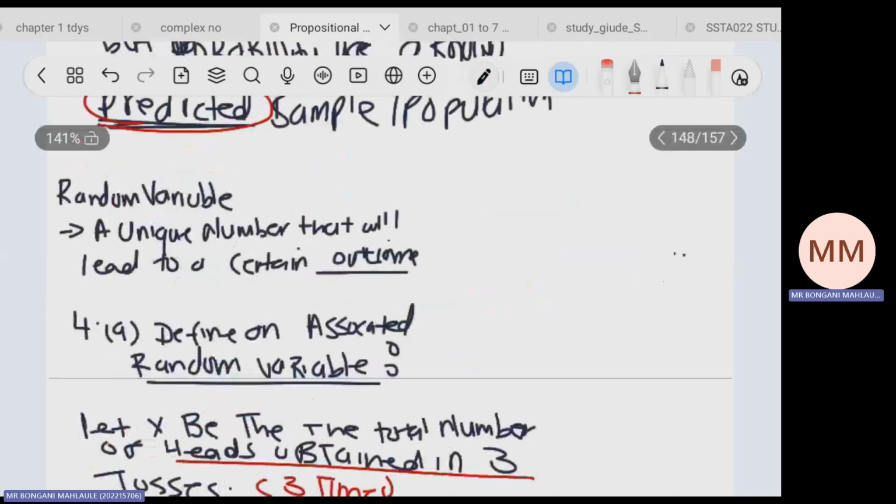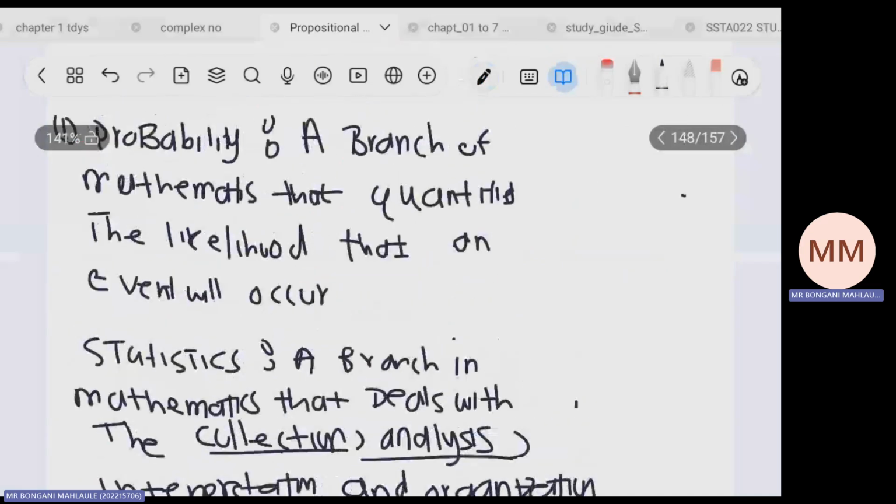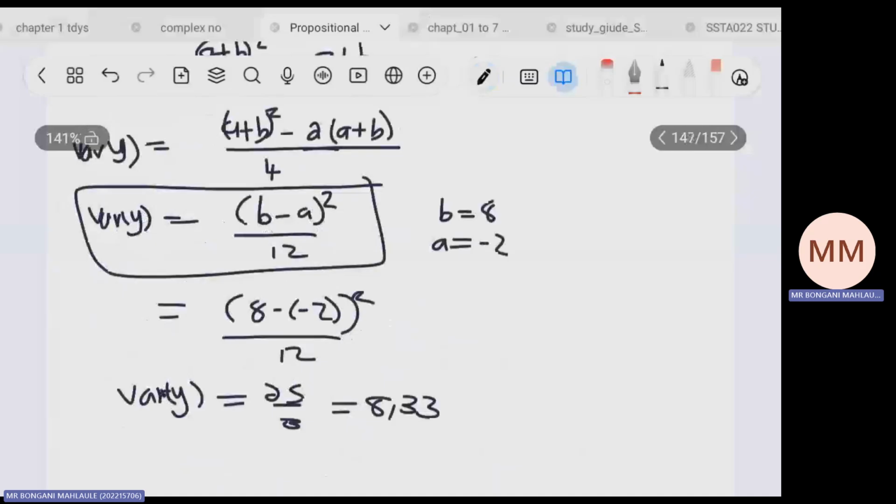So they're saying for each, find the value of P less than the mean. Okay, let's go back there.